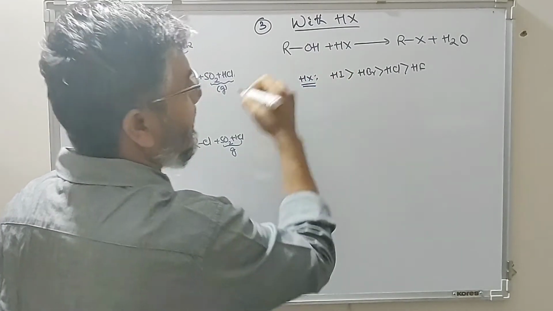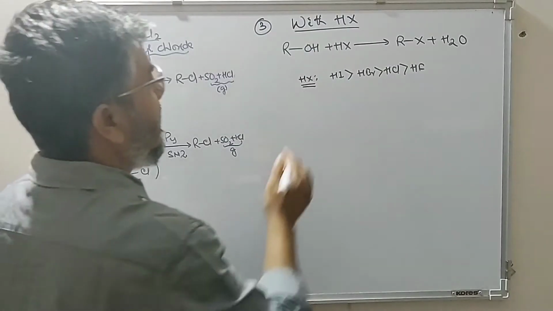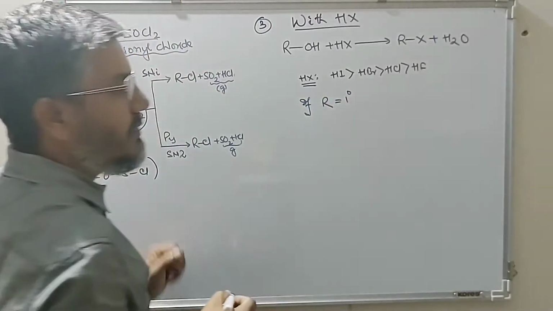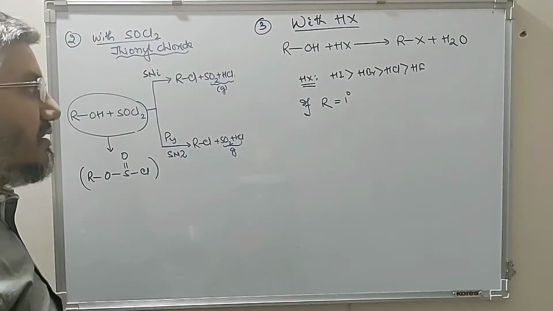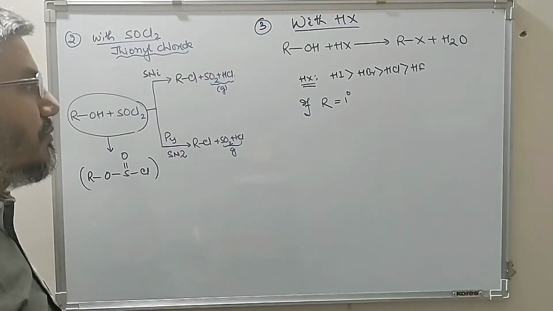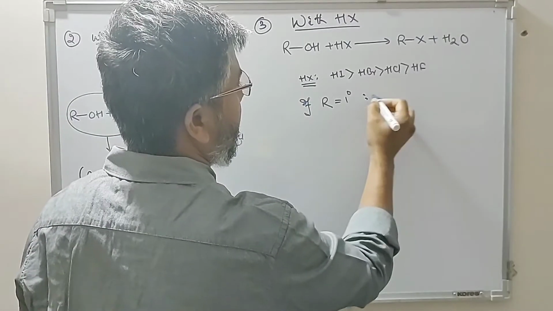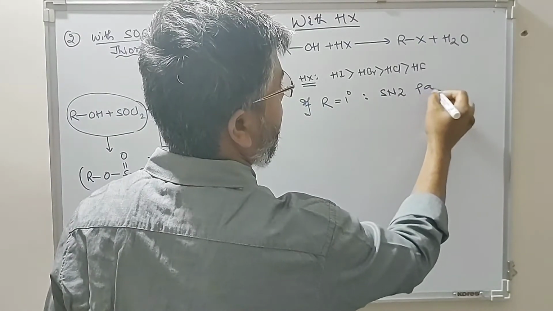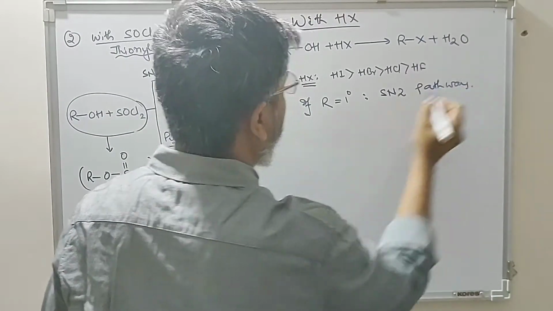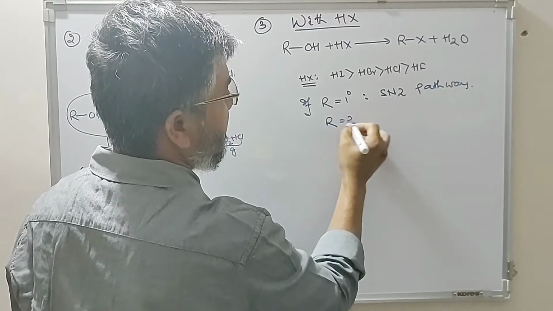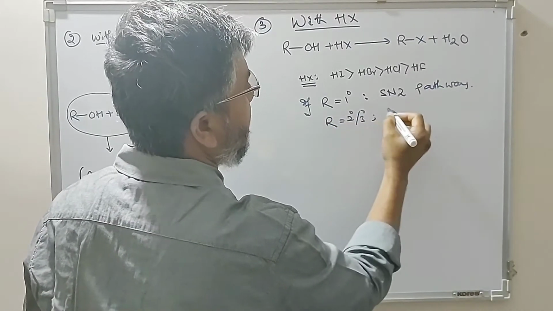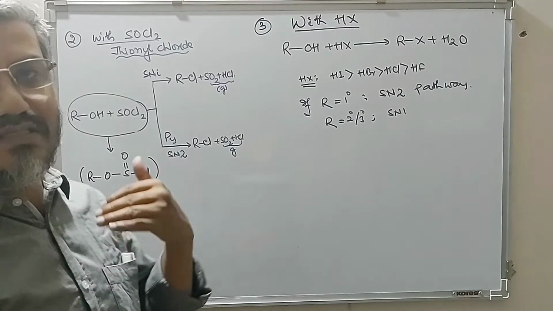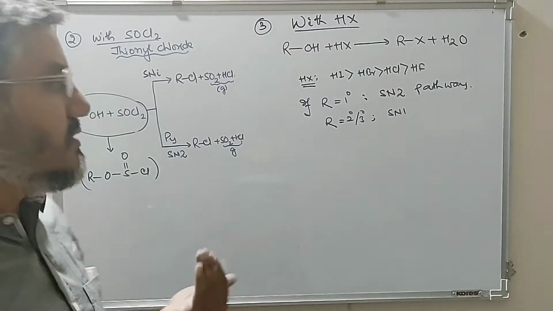Now, the mechanism for this reaction is different. If R is primary, then the reaction occurs by SN2. But if the R group is secondary or tertiary, then the reaction occurs by SN1, that is, via unimolecular substitution.